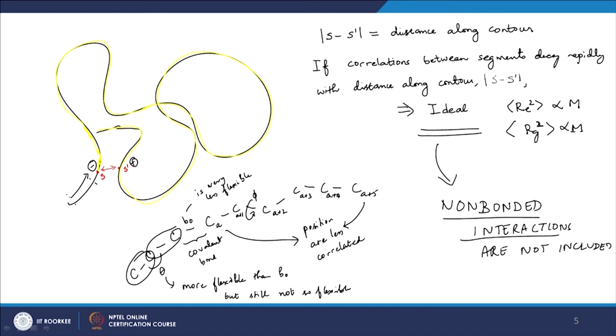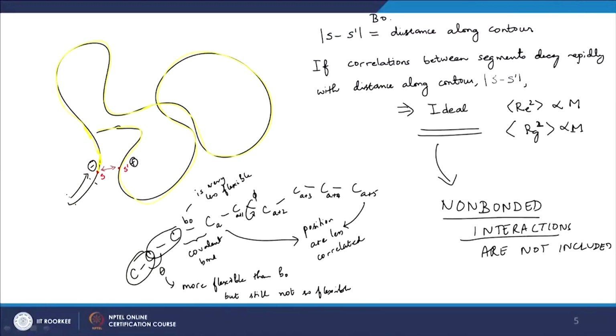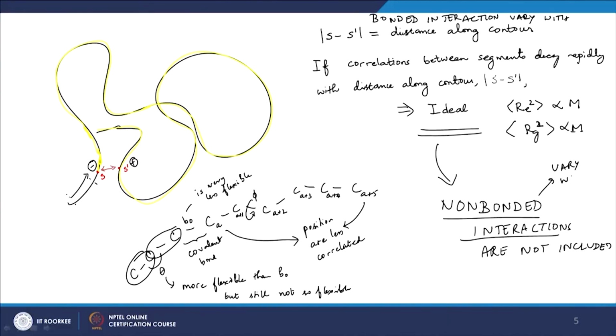Unlike the bonded interactions that vary with the distance along the contour, the non-bonded interactions vary with physical distance, which more precisely is the difference in the positions of segment S and S prime, whereas the distance along the contour is the absolute value of S minus S prime.